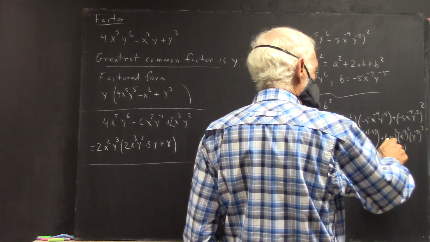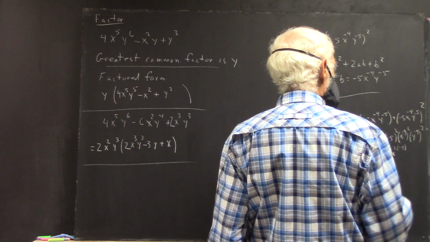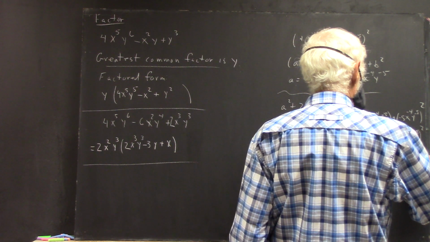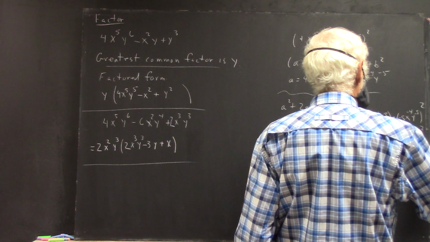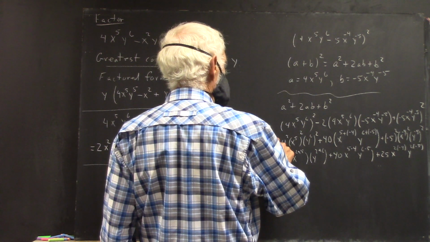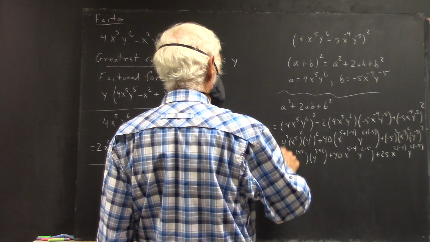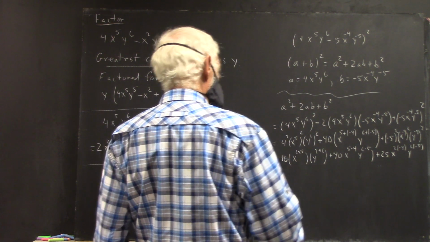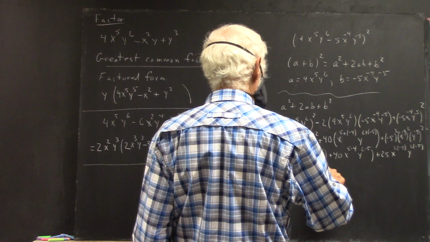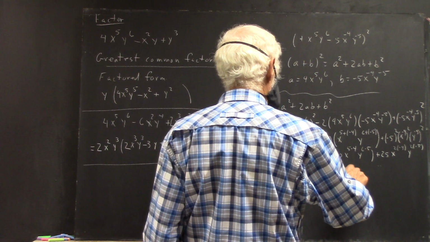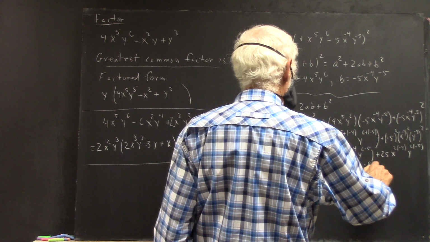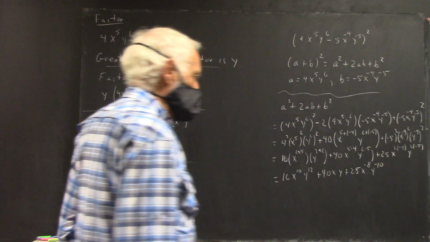Okay, you're going to have 25 from squaring negative 5. X to the negative 4 squared. You multiply the 2 by the negative 4. Get the exponent y to the 2 times negative 5. And then it's just a matter of doing the simple arithmetic. There you have it.